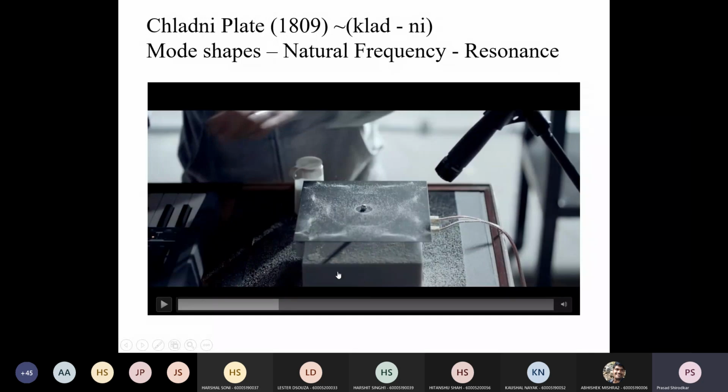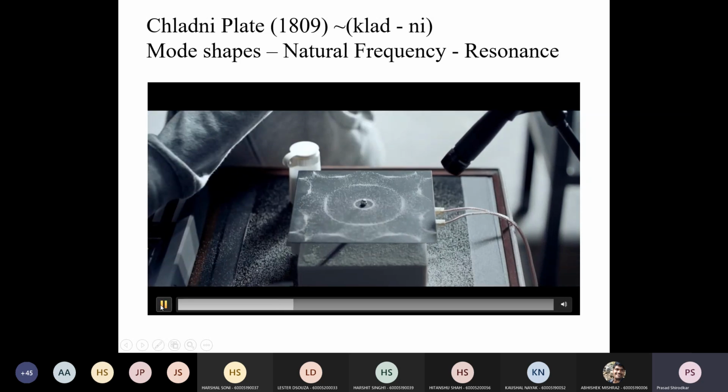This is a vibrating plate, and on it there are some sand particles. As you change the intensity of vibration, you can see the shape of the particles change. Whatever shape you see of these particles is the mode shape at that frequency. When you change the frequency, this shape will also change.